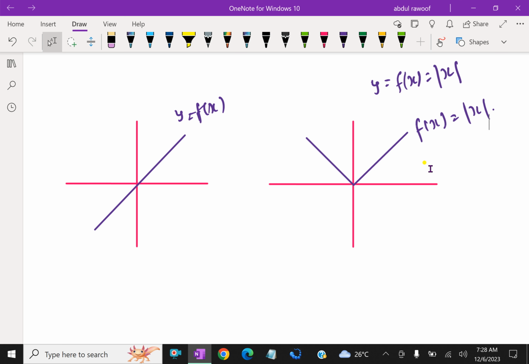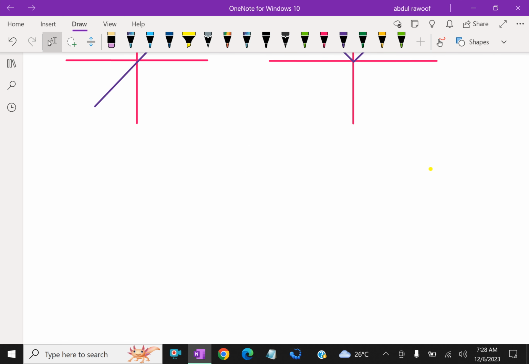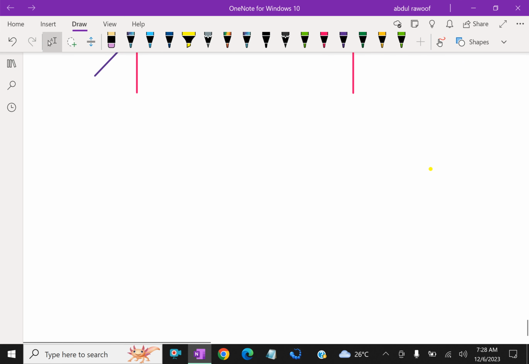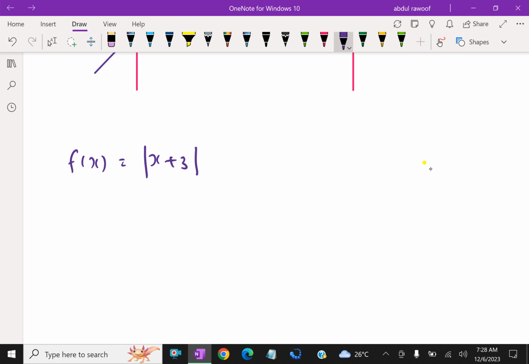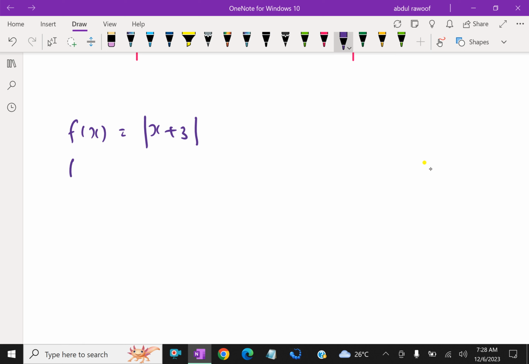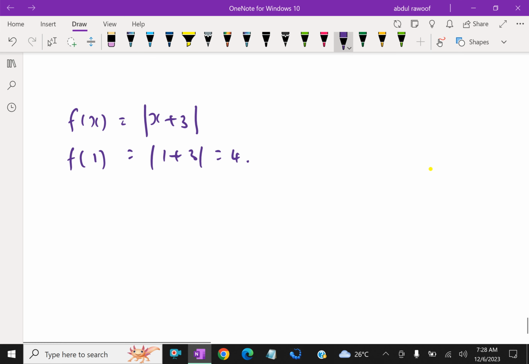Now, suppose some function f of x equals absolute value of x plus 3. What do we mean by that? Put the value f of 1, which gives 1 plus 3 equals 4.